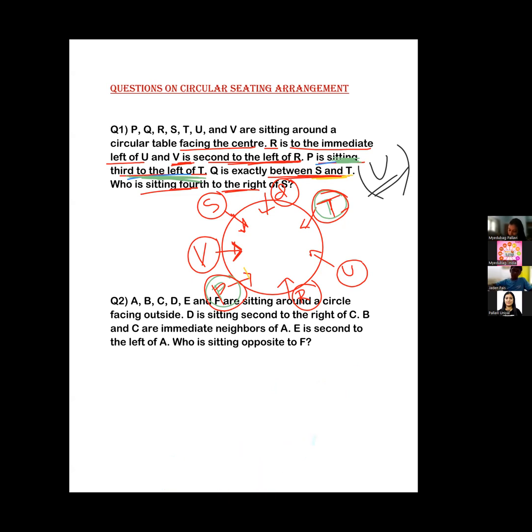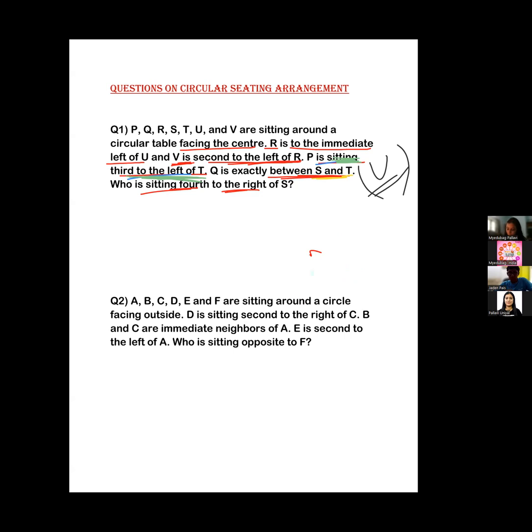I'll erase this answer and I'll send this file also to you and you can try it yourself again. Okay, try doing it yourself again. Now for now, try the second one. A, B, C, D, E, F. Six friends are sitting around a circle facing outside. Now they're facing outside.